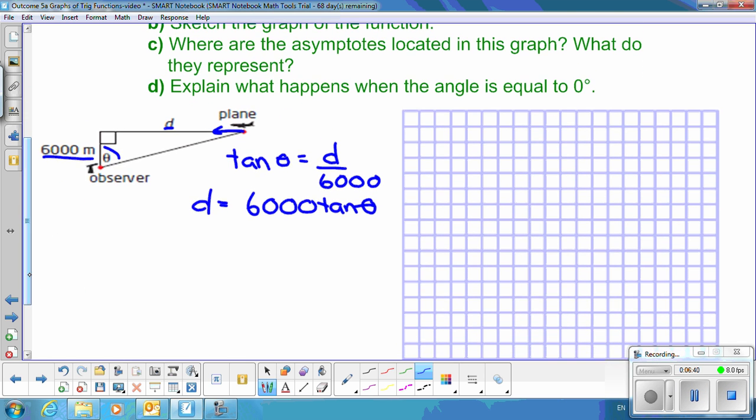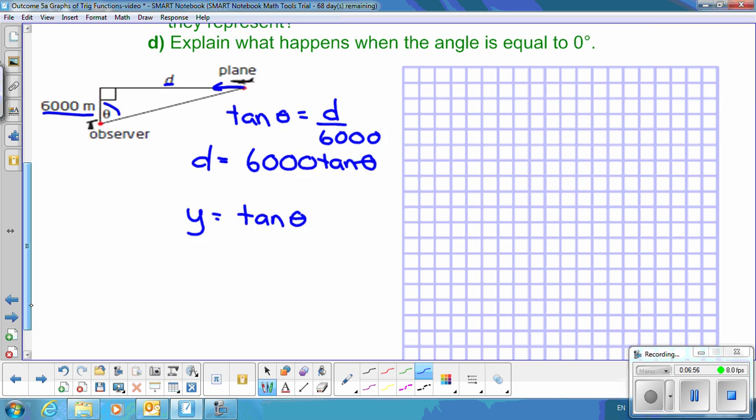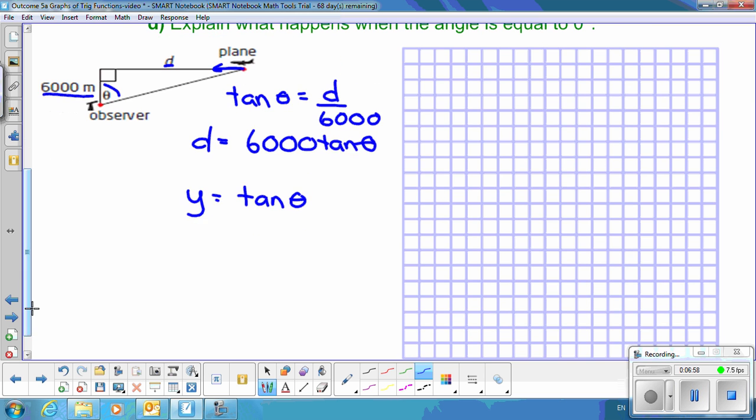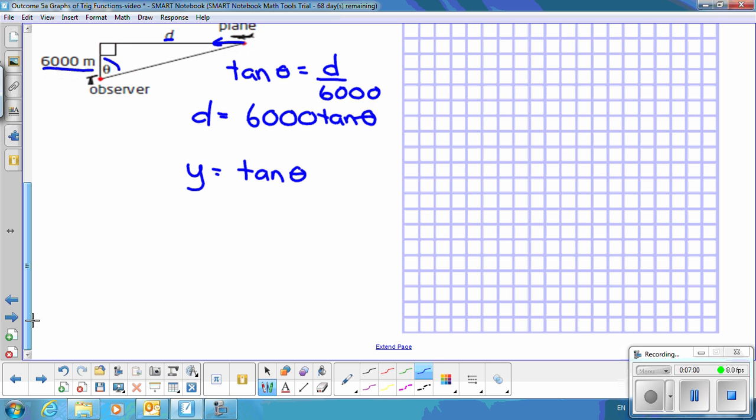Okay, so to sketch the graph of the function, what we're going to do is compare this to y equals tan theta. It has a vertical stretch of 6,000. So we're going to multiply our y values by 6,000. So let's look at our tangent graph. So making our axes.